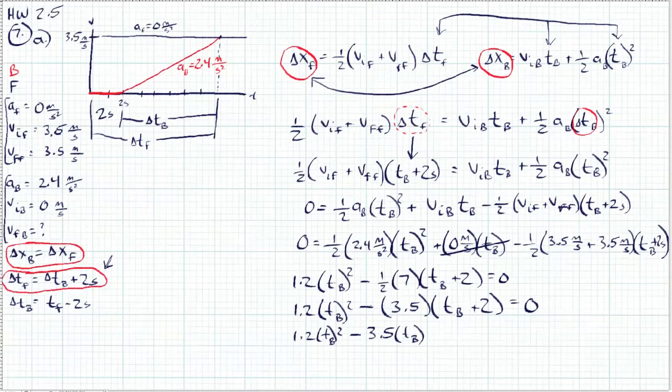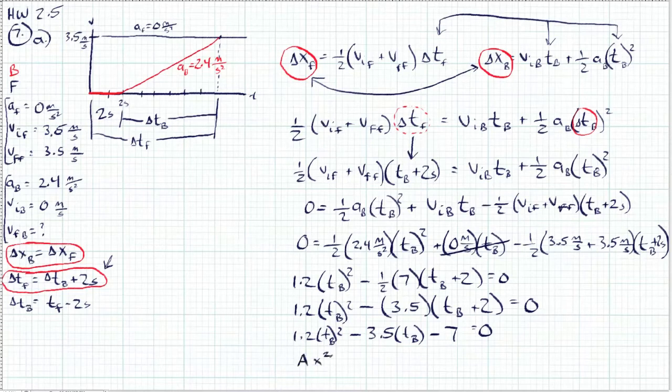And since there's a minus out front, we are subtracting everything that comes from distributing this 3.5. So really, it's going to be minus 7 equals 0. This all simplified down to 1.2 times time of the biker squared minus 3.5 times time of the biker minus 7 equals 0. This is your standard quadratic format.